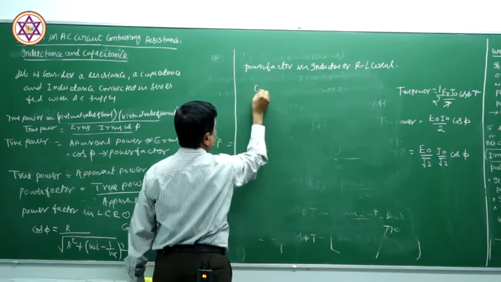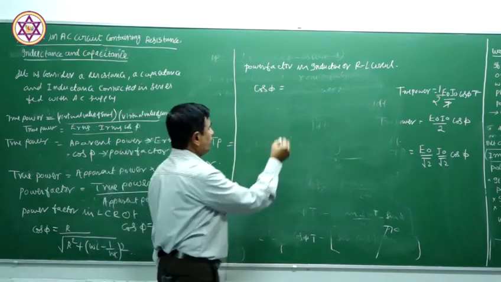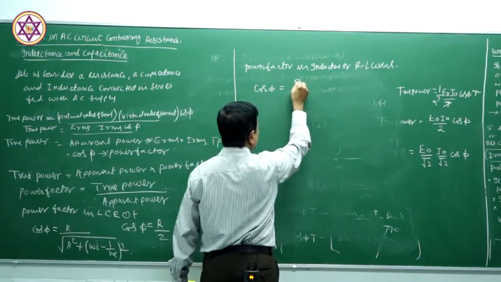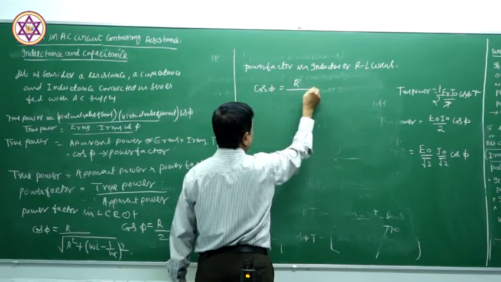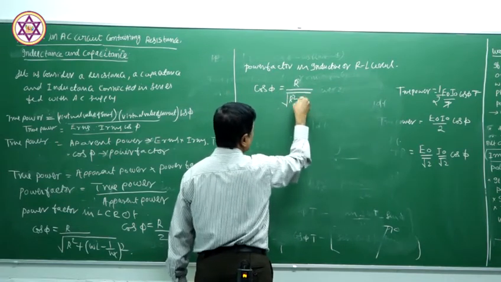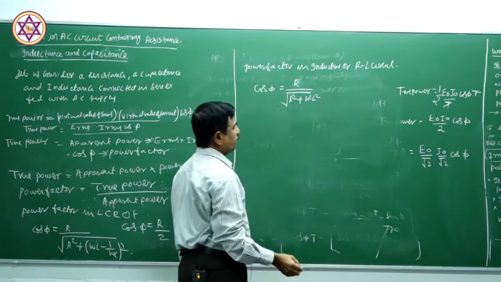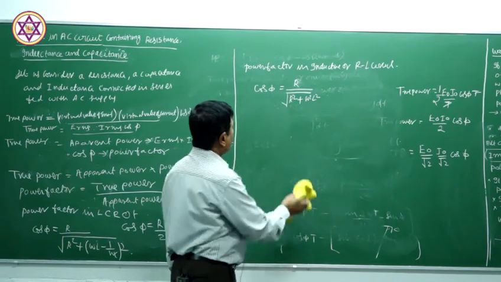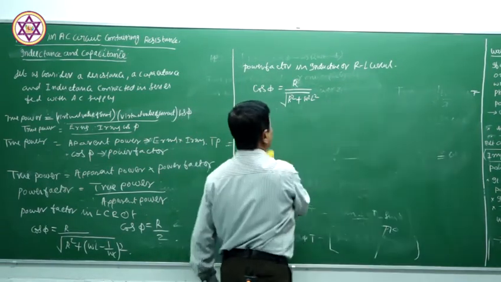So the power factor cos phi is equal to R divided by root of R squared plus omega squared L squared.